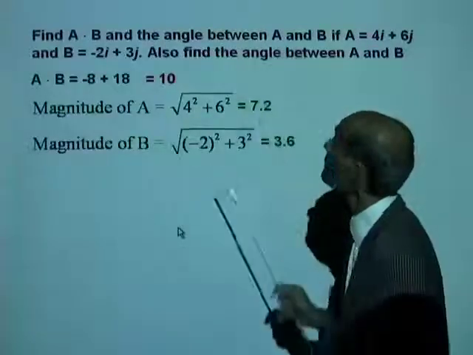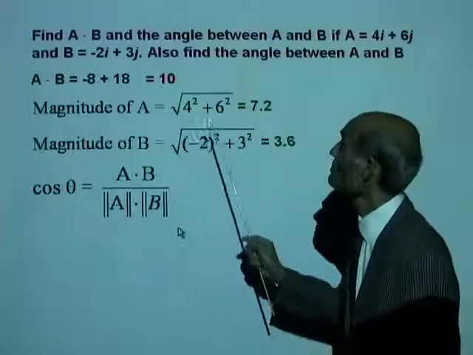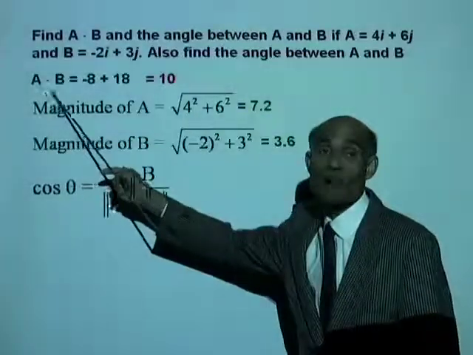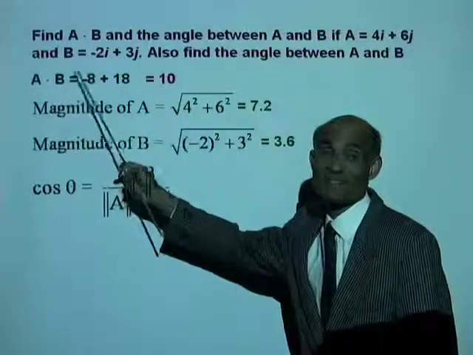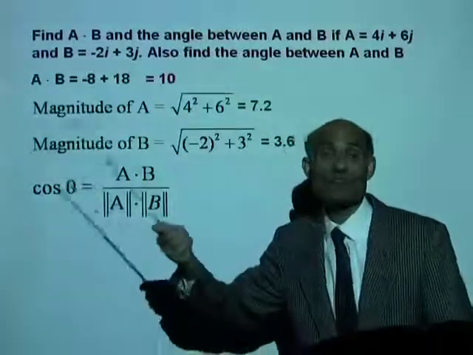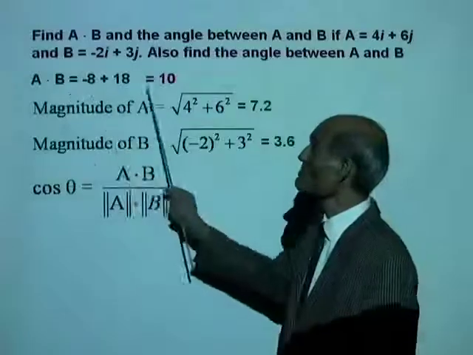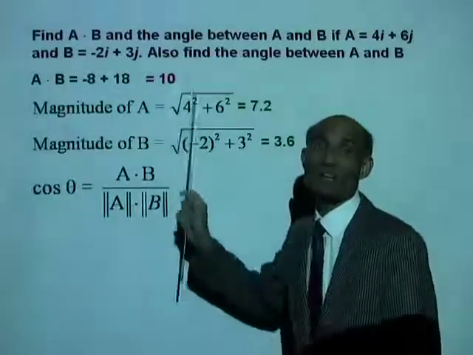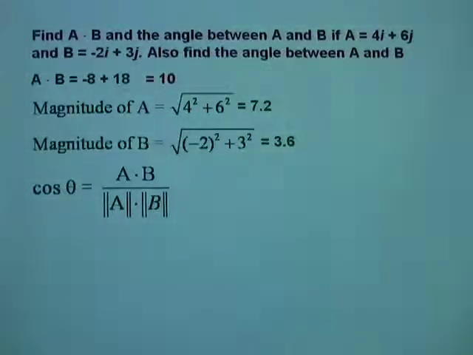What is the work done? Well, we have already found it, because work done is a measure of the dot product of the two vectors. But I don't think I wrote it correctly. I should have written one more step there. Because A dot B equal to 10, work done therefore equal to A dot B equal to 10 joules.